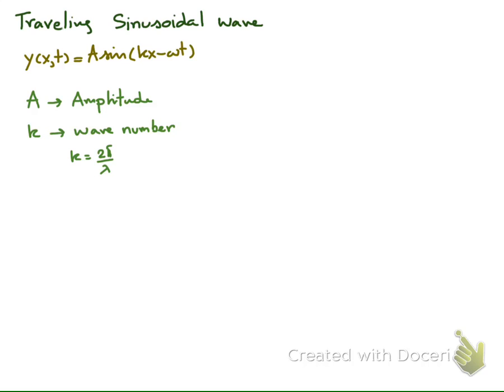Lambda is the wavelength of the wave, and omega is the angular frequency. The angular frequency omega is equal to 2 pi over T, where this big T is the period of the oscillation of the medium.